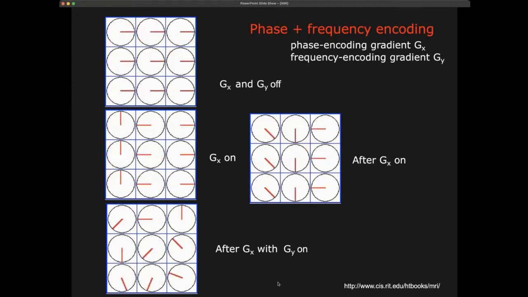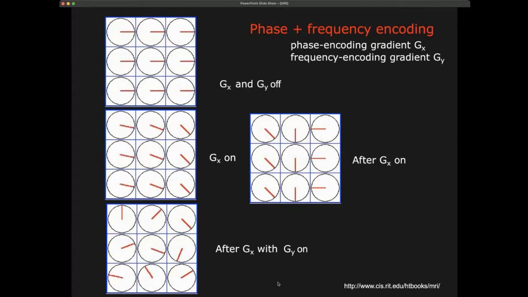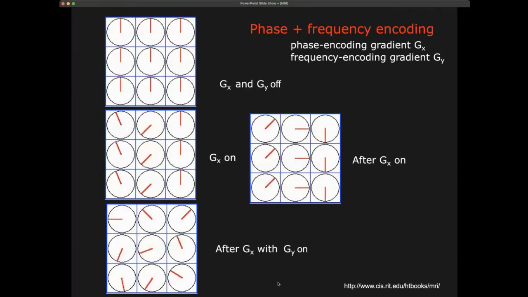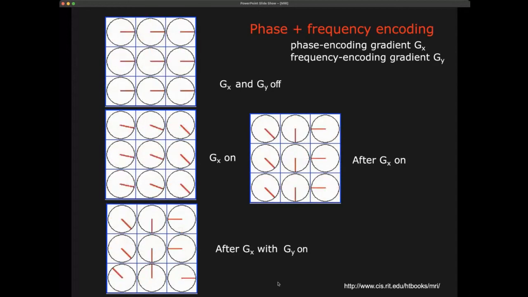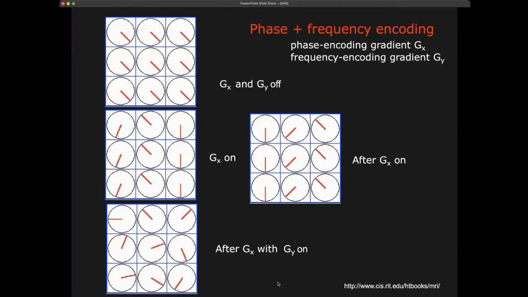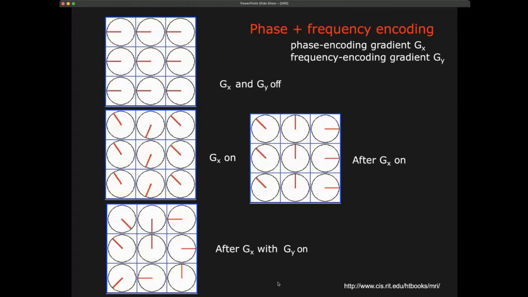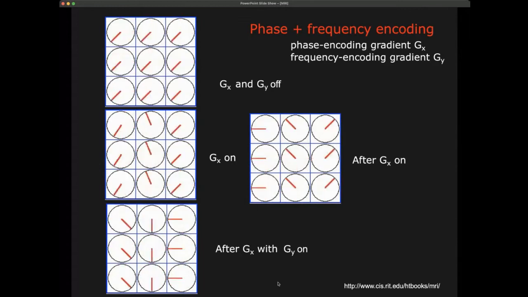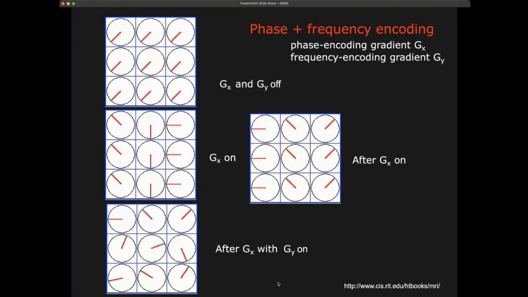So the way we do this is first we put the patient in the large magnetic field, all protons in the same direction. Then while we add a gradient in the z direction, we add radio frequency energy so that the protons in the plane determined by our z gradient are flipped by 90 degrees.